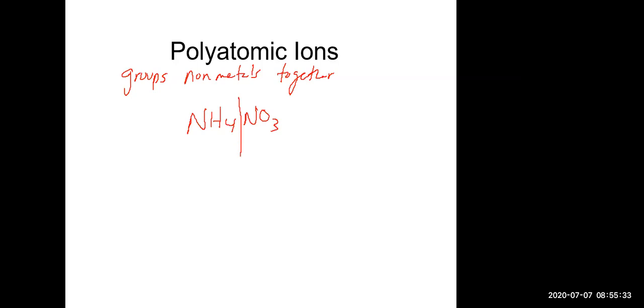Actually, go back to the right slide there. Let's try that here. Groups of nonmetals together. So for example, if I took something like NH4NO3, and if I broke this apart, I actually have two polyatomic ions.